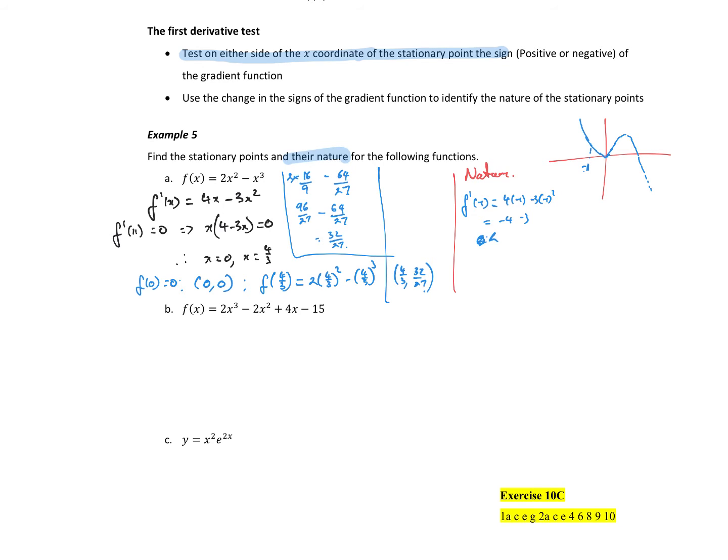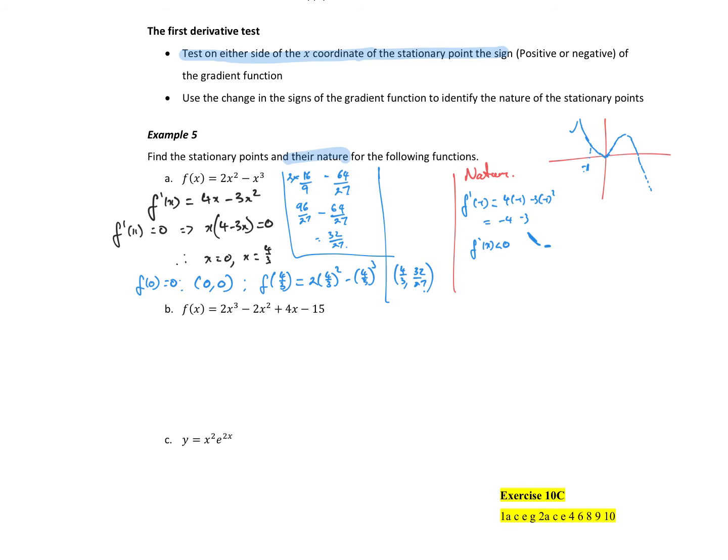So f dash of x is less than 0. So we've got a negative gradient at that point, which coincides. We know it's a 0 gradient at x equal to 0.